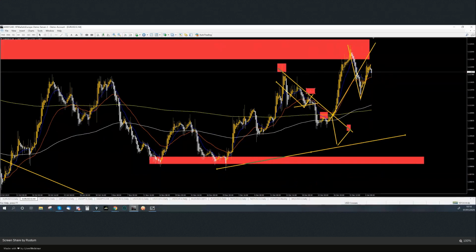Let me show you. Because this blue one is our 12 period moving average. The red one is our 36. So prices are coming down here. Let's say that is our EMAs. This here is our 12 period moving average.